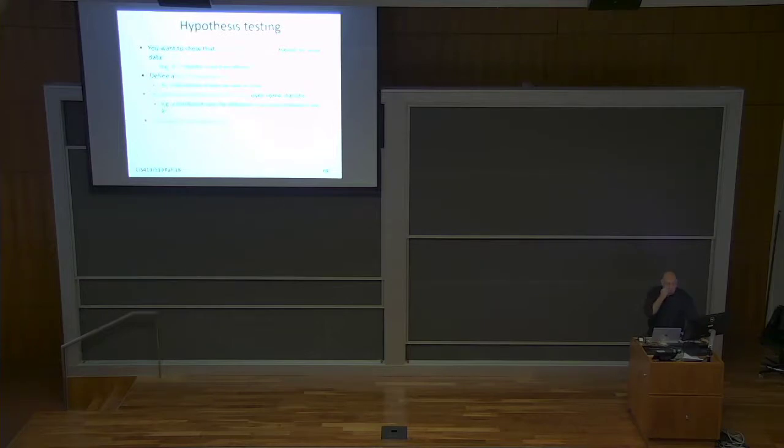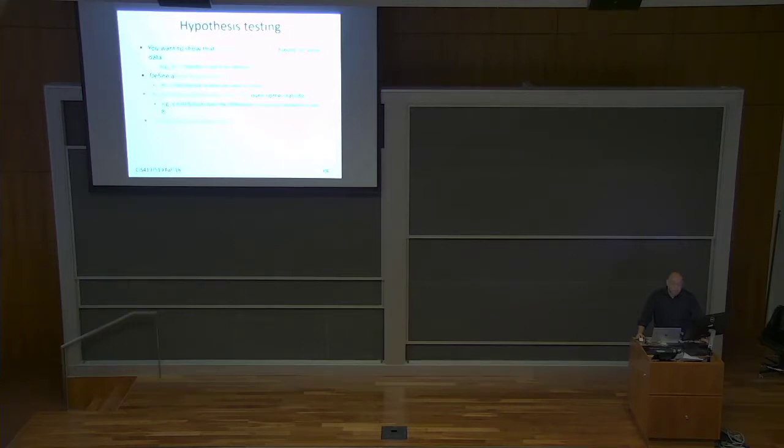We want to know whether a specific hypothesis is true based on the data. The hypothesis could be something like classifiers A and B are different, or classifiers A and B are the same. So we define a null hypothesis, called H0 here, which typically will be the contrary of what we want to show.